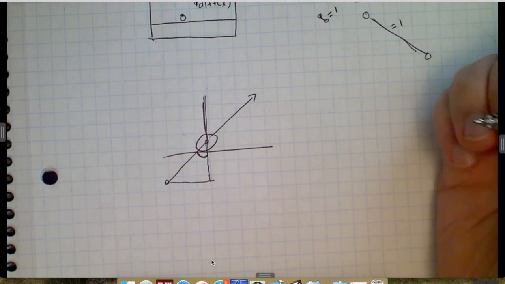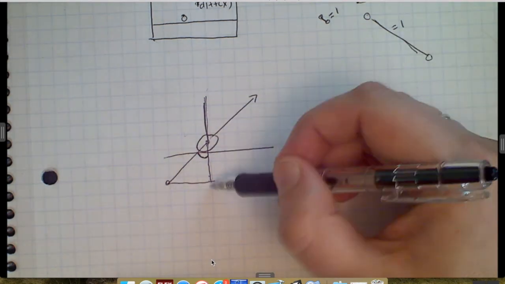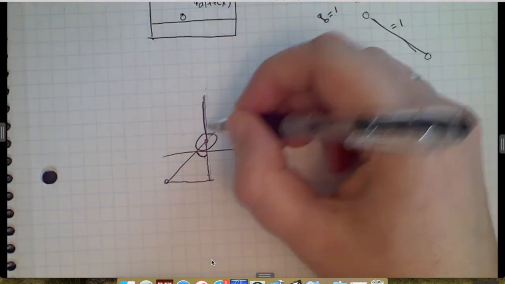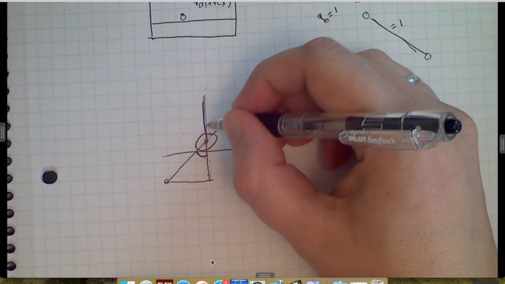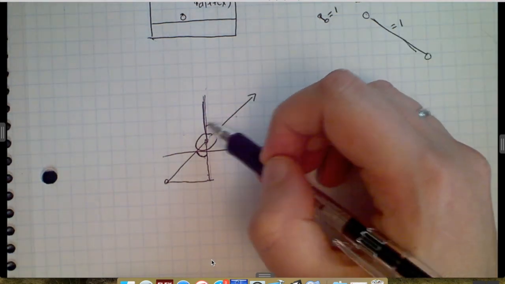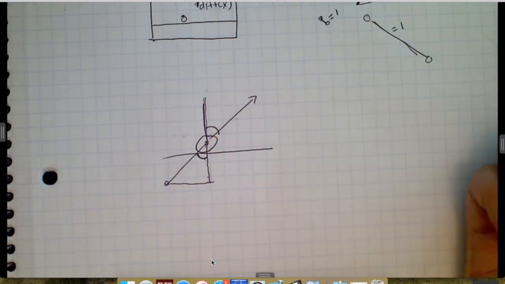The reason I want that angle is that since these two lines cross each other, this angle is congruent to this angle here. And if I want to know how many degrees I need to rotate it from where it is, I need to know the measure of this angle here.